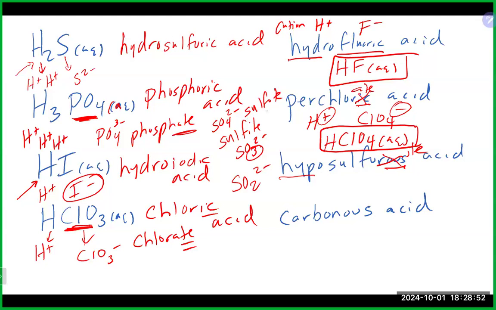By the way, persulfate would be SO5 2 minus, if we had to go upwards from sulfate. So per would be a 4-pack starting here: 1, 2, 3, and then persulfate would be one more oxygen than sulfate, SO5 2 minus. So that is our polyatomic ion. And again, our H plus there is going to be our cation. In this case, it is -2 and +1, so we do need two of those to balance it out.